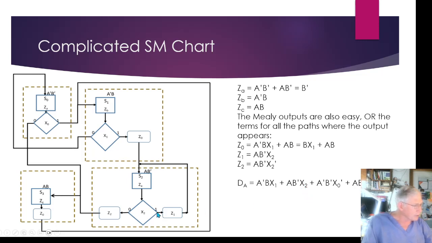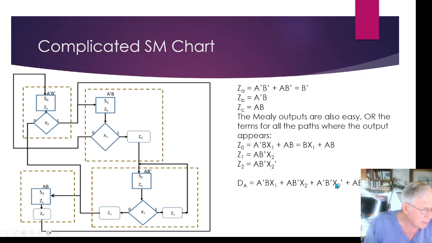Now, I'm getting myself confused. So these 2 terms are for S2, 2 paths in. These 2 terms are for the 2 paths into S3.